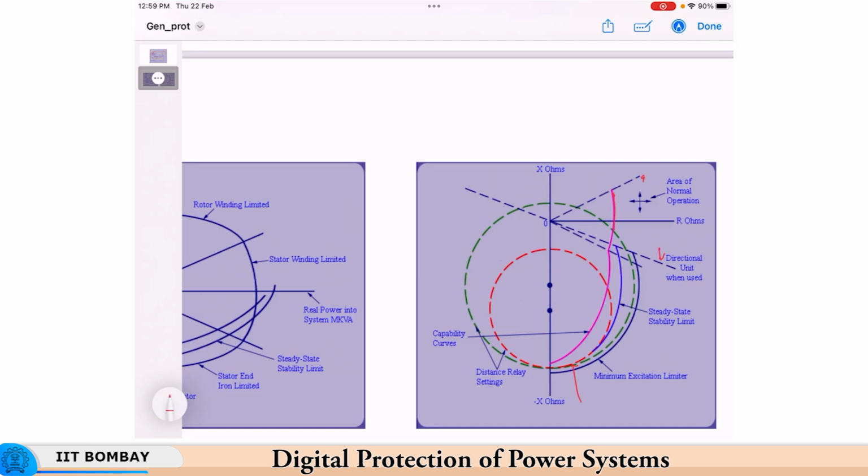The diameter of the inner circle is of the order of Xd, where Xd is the direct axis reactance of the generator. And the offset, the upper part of the circle, is about 50 to 75% of Xd dash, the transient reactance, below the origin.